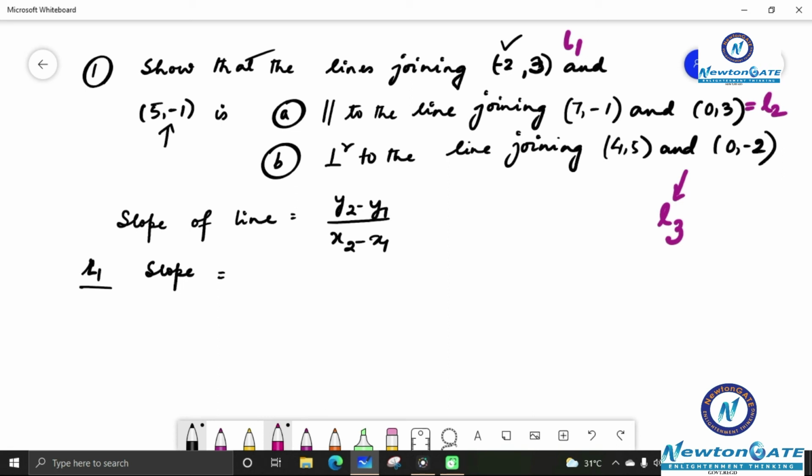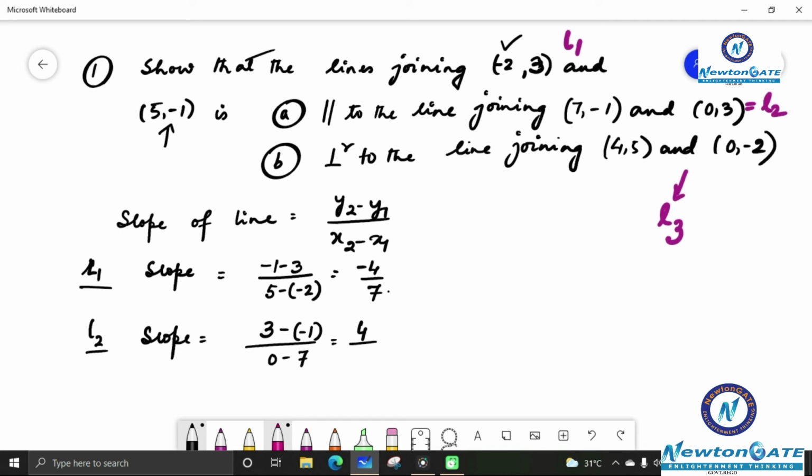So slope is minus 1 minus 3 divided by 5 minus of minus 2. That gives me minus 4 by 7. Now let us find L2. So slope is again 3 minus of minus 1 and 0 minus 7.